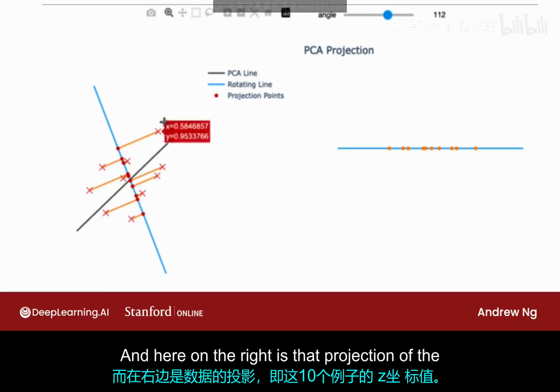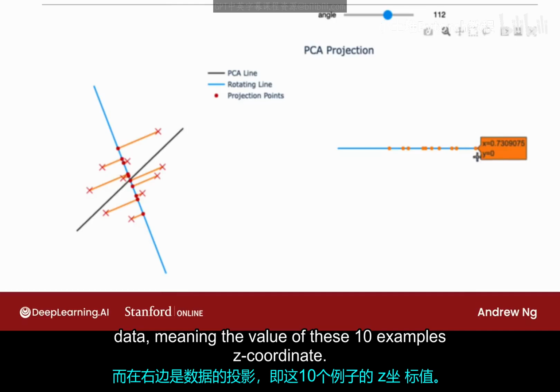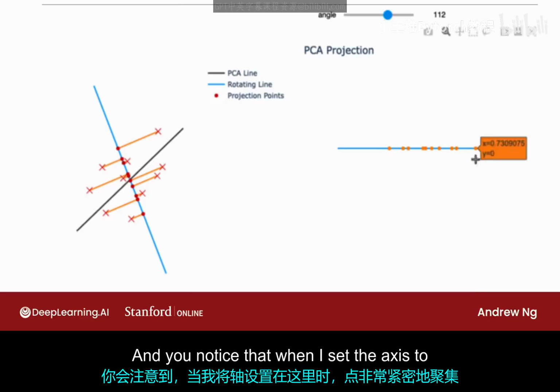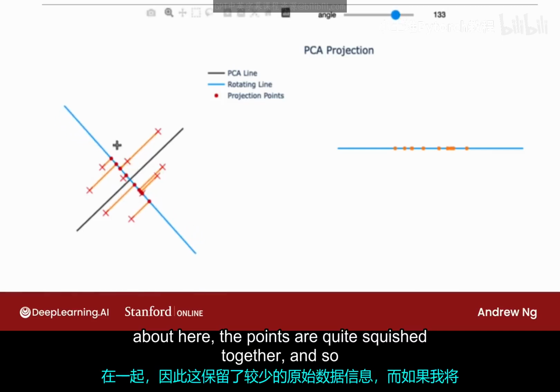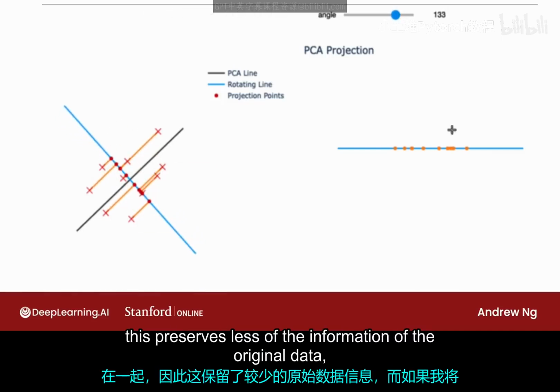And here on the right is that projection of the data, meaning the z coordinate values of these 10 examples. And you notice that when I set the axis to about here, the points are quite squished together. And so this preserves less of the information of the original data.